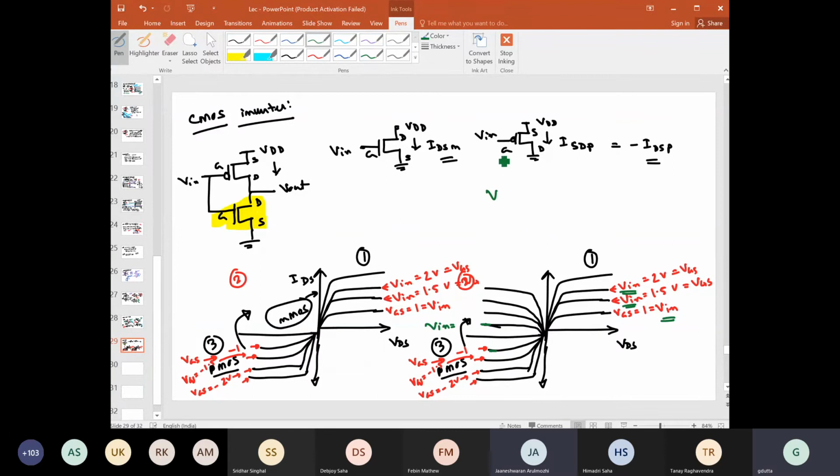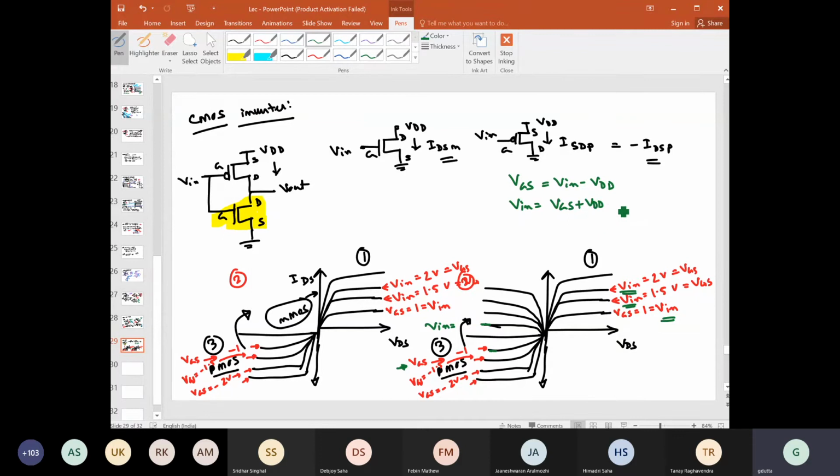See, we have written this here in terms of VGS. For this PMOS, VGS is V in minus VDD, right? So we are writing in terms of V in now. V in is nothing but VGS plus VDD, right?